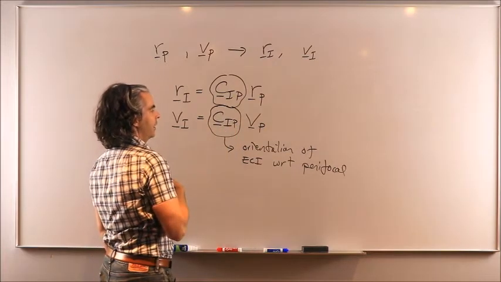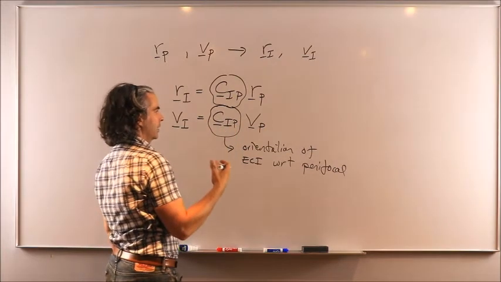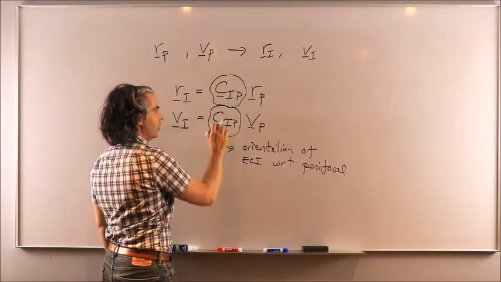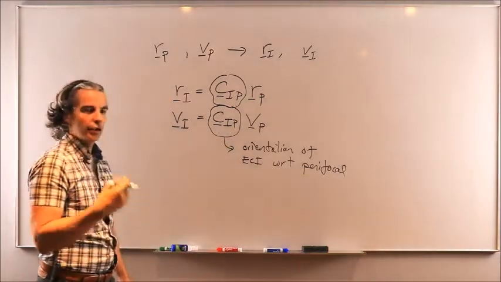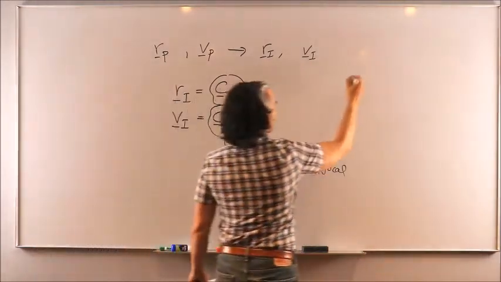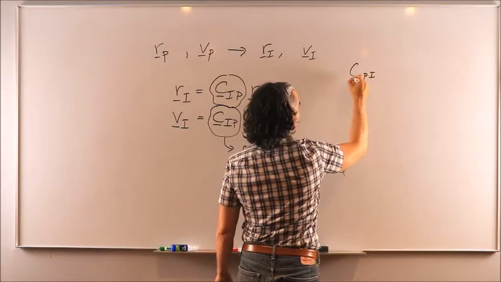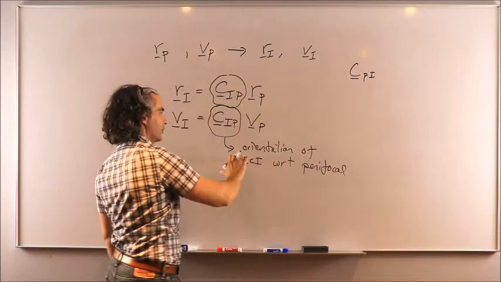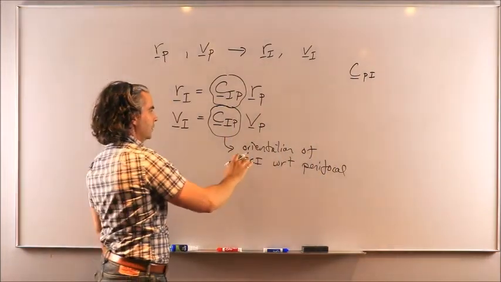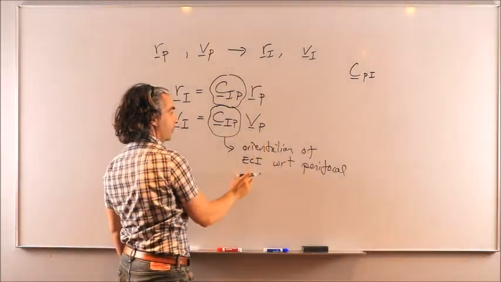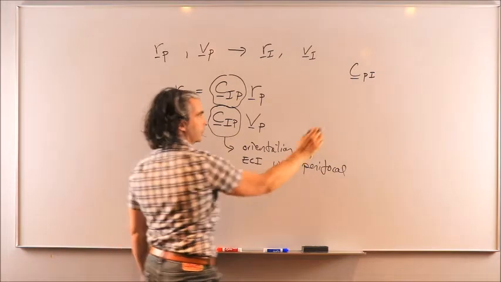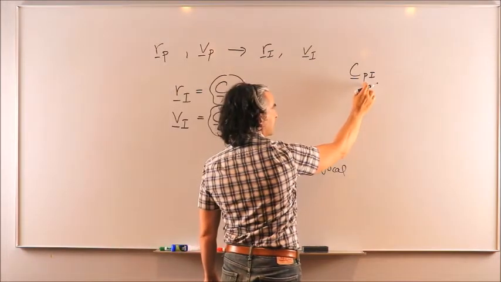To me, I find that defining the orientation of perifocal with respect to ECI is a lot more intuitive. So I prefer to calculate CPI, which is the inverse of this, right? Because that would be the orientation of perifocal with respect to ECI. This is what CPI denotes.